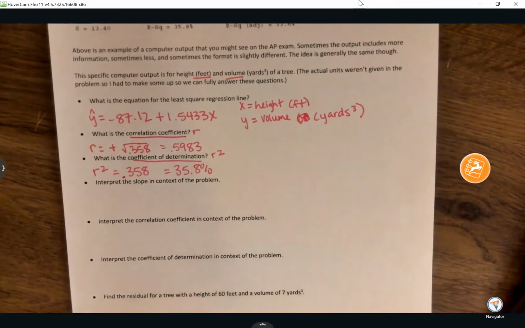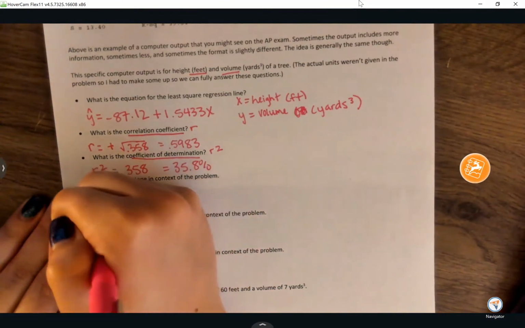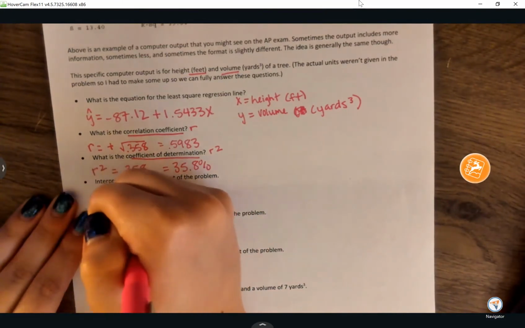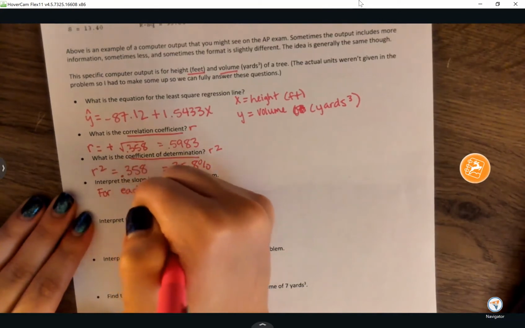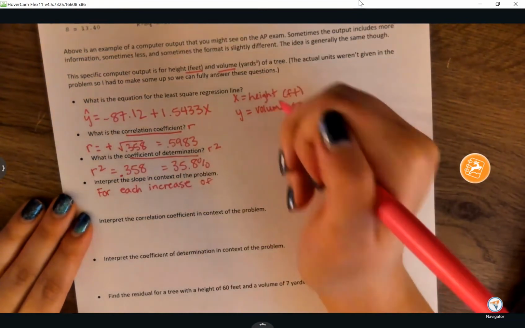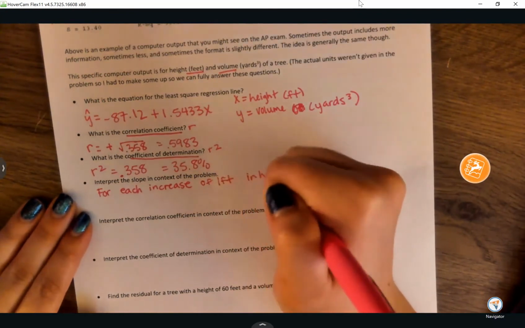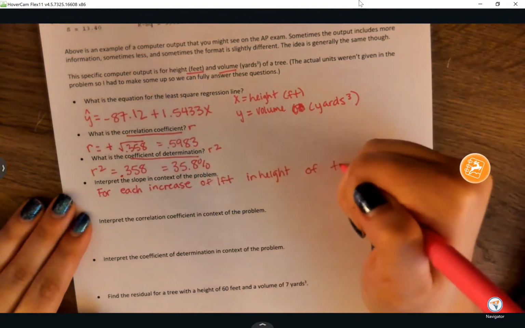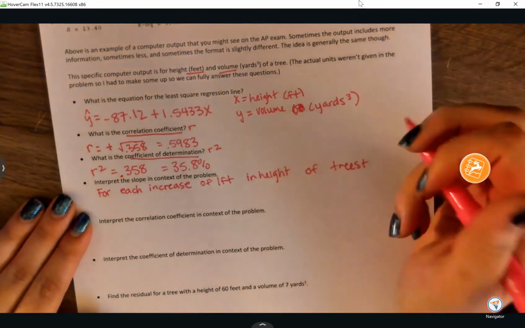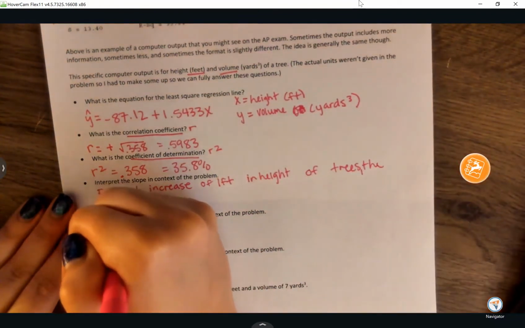The next part asks you to interpret the slope in context of the problem. So we can look at our regression study sheet to help us with that. For each increase of 1 foot in height of trees, the predicted, remember that word predicted is important.